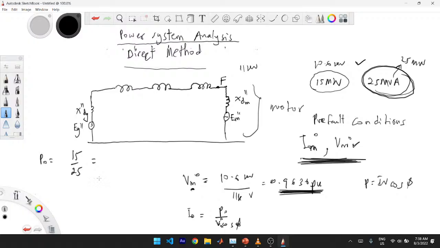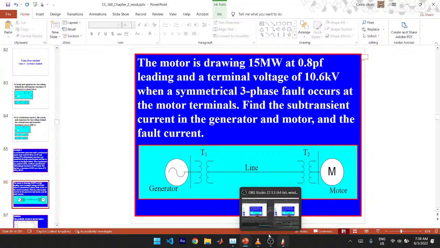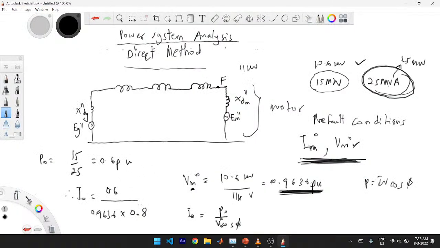I'll give it 3 over 5. That's 0.6 per unit. So therefore, I naught is given by 0.6 over 0.9636 times cos phi. They give us the power factor when the fault occurs, 0.8. So cos phi is 0.8.